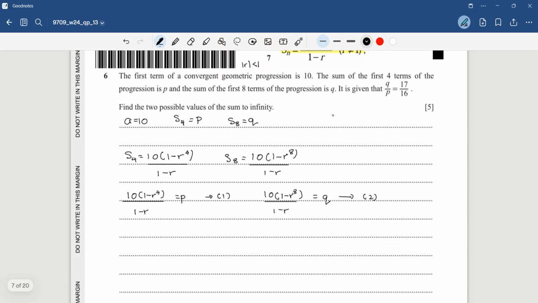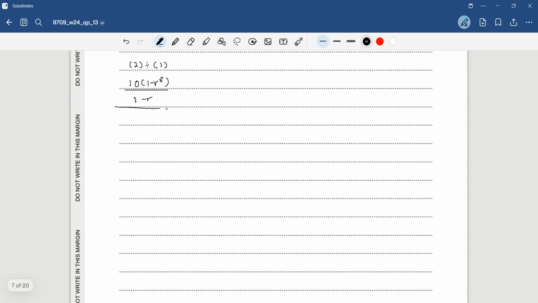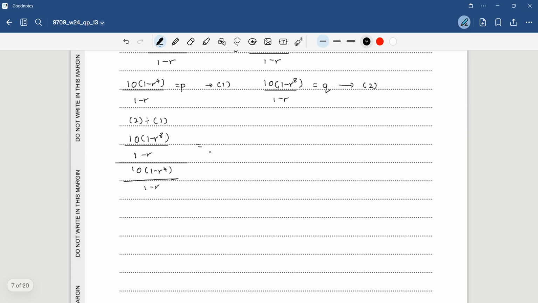And the question mentioned here, q over p equal to 17 over 16. So we try to divide 2 by 1. Okay, equation 2 divided by equation 1. So it will be 10(1 minus r^8) over 1 minus r, divided by 10(1 minus r^4) over 1 minus r, which is equivalent to q over p.